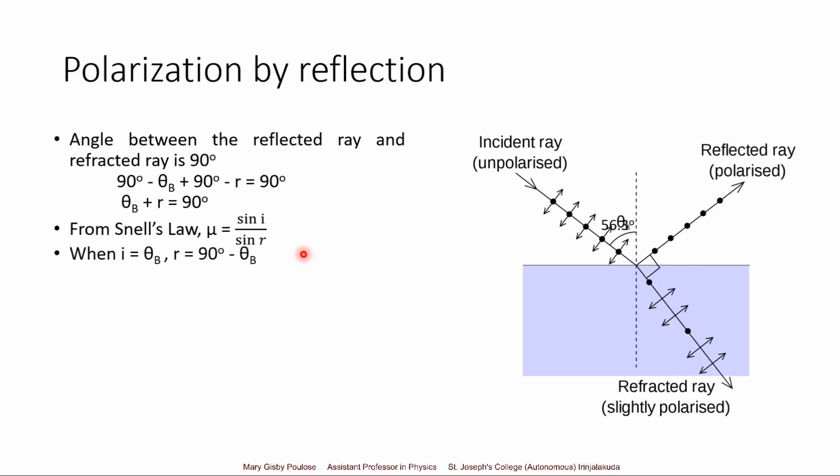When light is incident at the polarizing angle theta b, the angle of refraction will be 90 minus theta b. So Snell's law becomes mu is equal to sine theta b divided by sine of 90 minus theta b, that is sine theta b by cos theta b, which is equal to tangent of theta b. Hence, we prove Brewster's law.